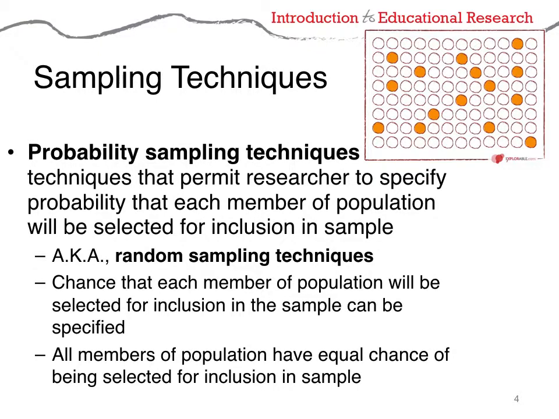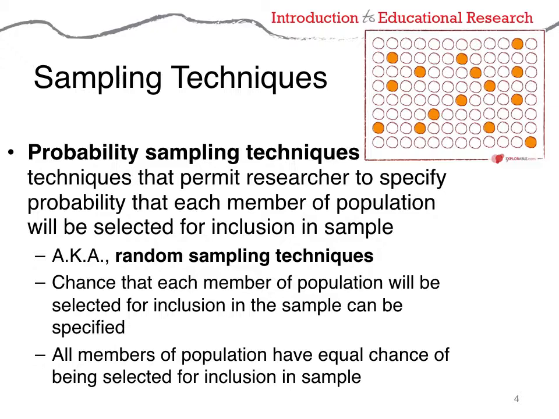Now, there are many different types of sampling techniques. We're going to talk about some of them. One type is probability sampling techniques, another word for which is random sampling techniques, right? We always talk about randomization in rigorous science, and you may be sick of hearing about randomization.